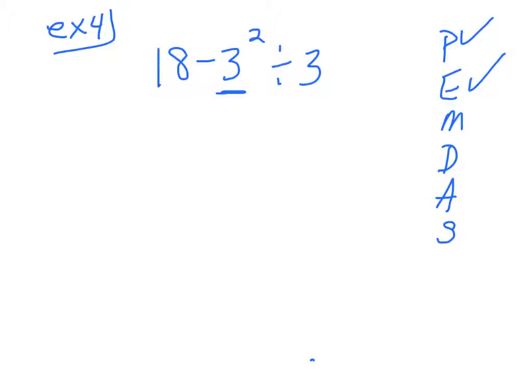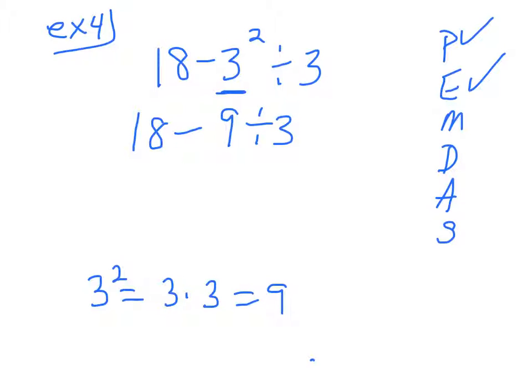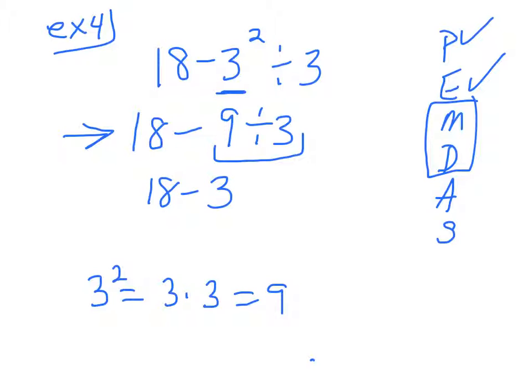So that's what we need to figure out first. 3 squared equals 3 times 3. That's 9. Okay, we got our exponents done. Now we're looking for multiplication and division at the same time as we go from left to right. We're ignoring that subtraction sign, so we need to do 9 divided by 3. 9 divided by 3 is 3. One last step is 18 take away 3, and that will give us 15.